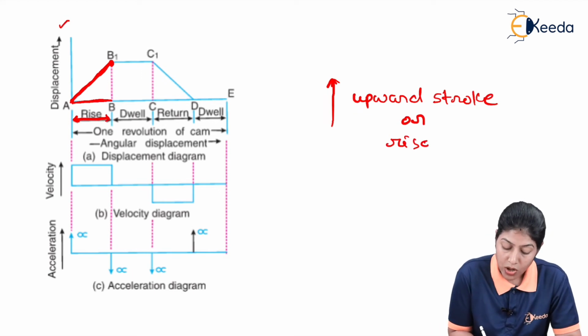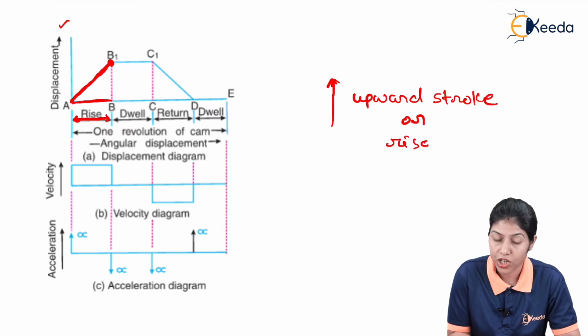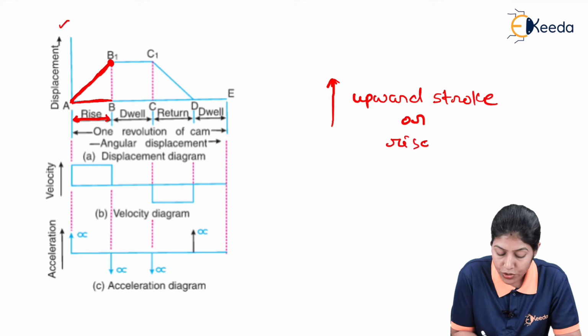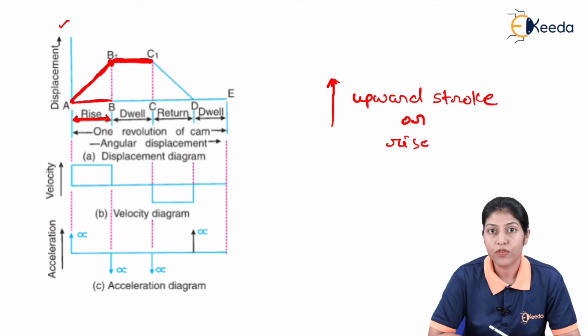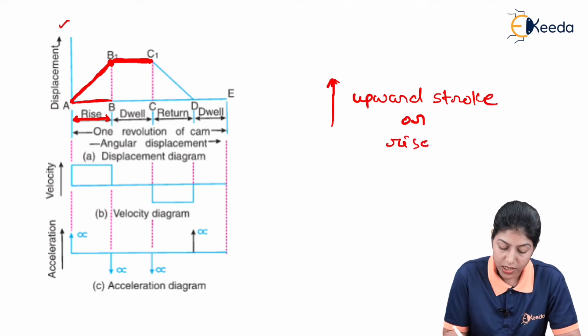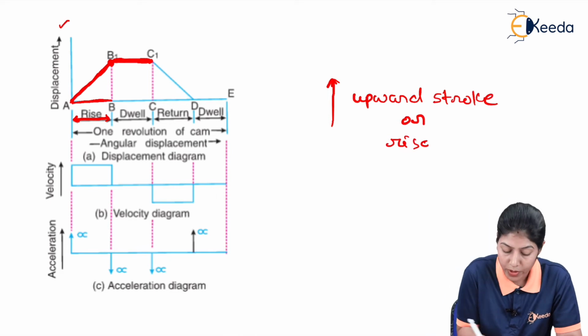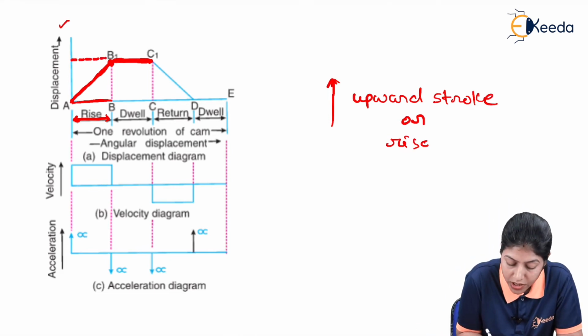Now, because of the shape of the cam, when the cam is rotating and the follower reaches the maximum position, the follower should wait at that particular point for a particular period of time. So this B1C1 is representing the stable condition of the follower because displacement is constant here.